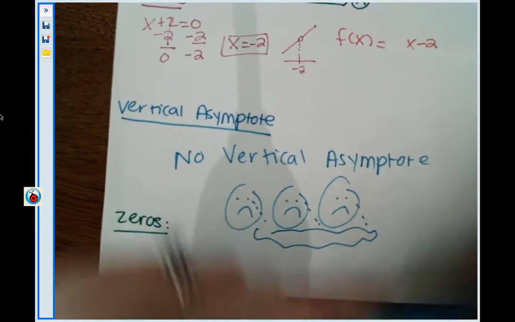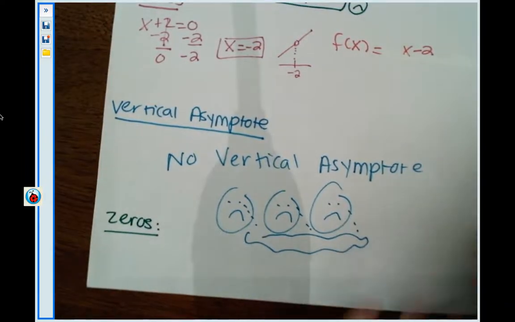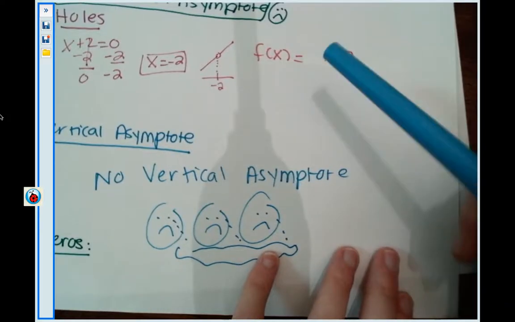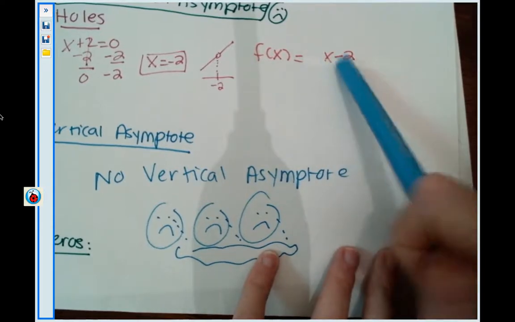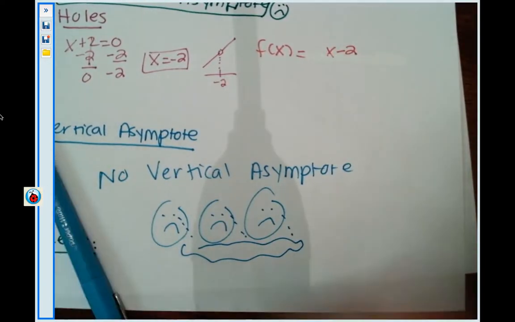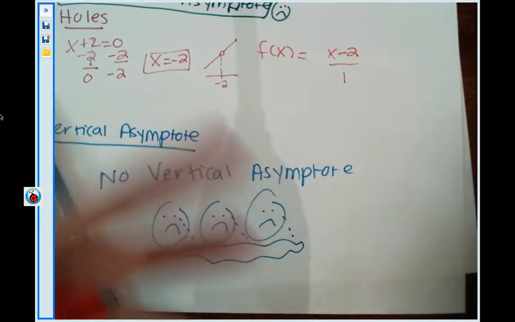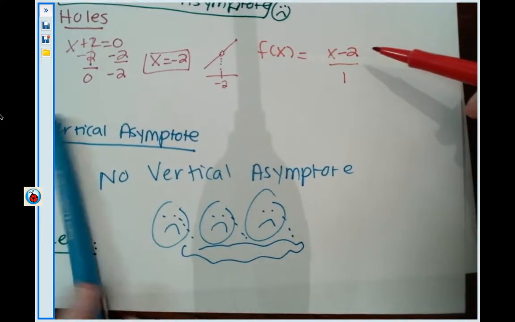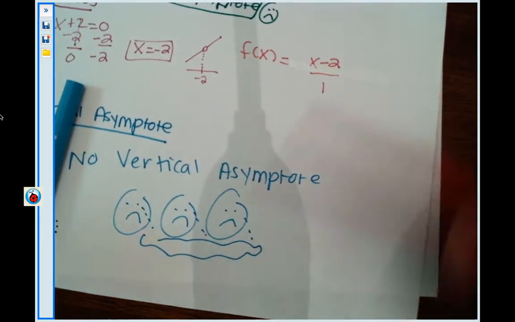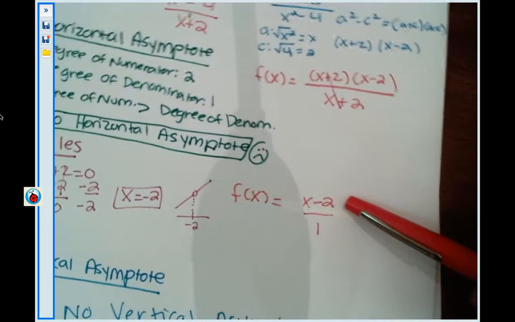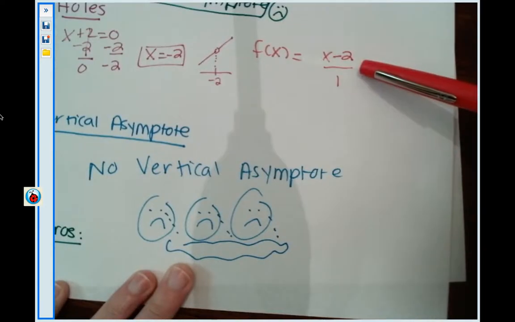So no vertical asymptote. Alright guys, and then the zeros, we set everything in the numerator equal to 0, which x minus 2 is in the numerator. This is kind of like over 1, technically. Okay, so this is the only thing in the numerator. So to find the zeros, the only thing left over after we crossed out the hole is x minus 2.